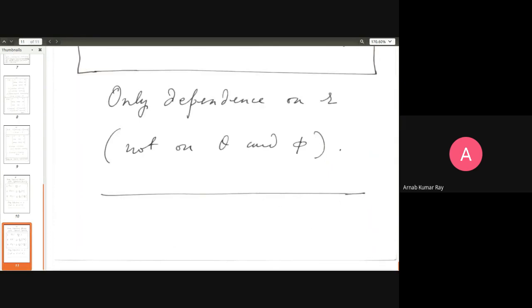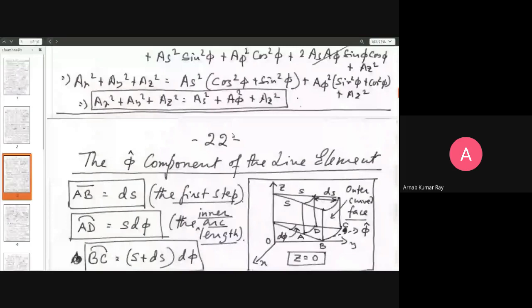Okay, so I shall now go on to the supplementary set of notes. I'm stopping the sharing here. Please bear with me. These are the supplementary set of notes. I've written the phi cap component of the line element.